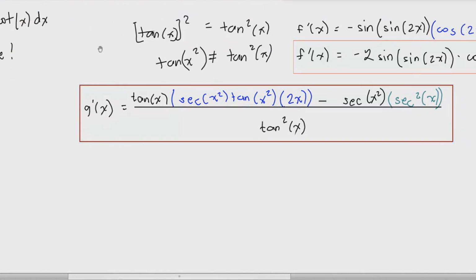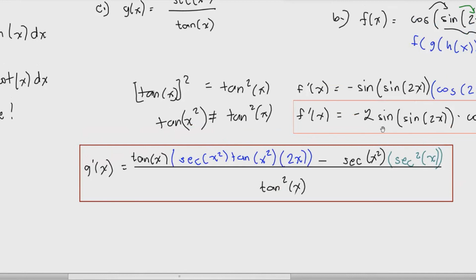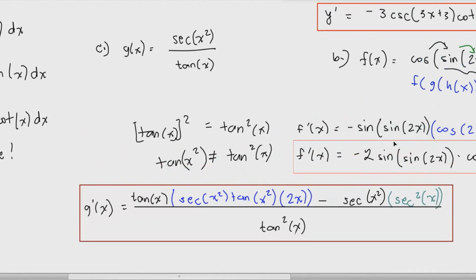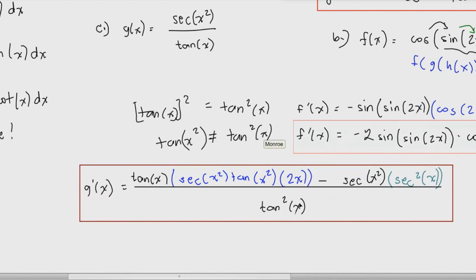So it's quite long, but basically we're just applying 1 or 2 rules right here, or 3 probably. So don't get intimidated with how long your answer is. Just apply the rules, and even though you'll be getting a very long answer, for as long as you're applying the rules, then that will still be correct.